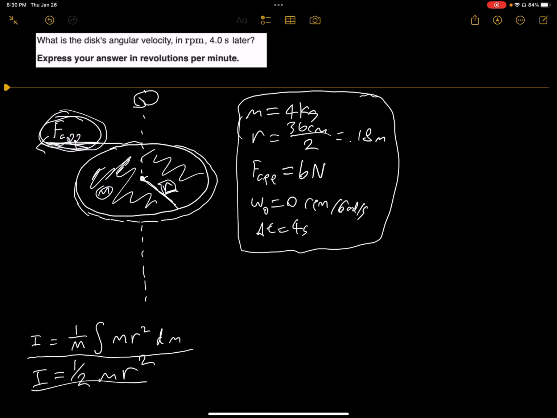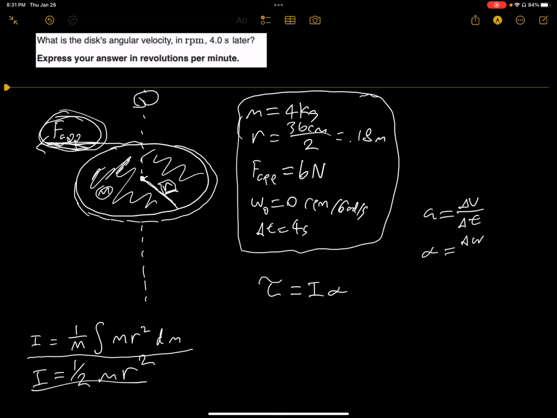And so this problem is going to involve torque. We know that because of the force. And so torque equals the moment of inertia times the angular acceleration. And since we're trying to look for angular velocity, and we know that acceleration is equal to the change in velocity over the change in time, angular velocity is much the same.